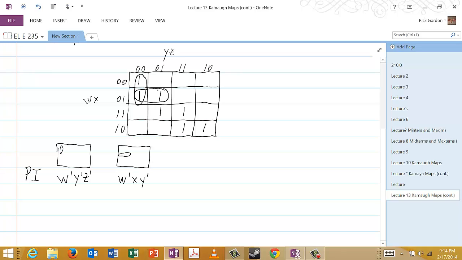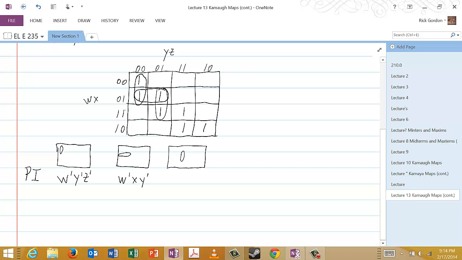And now we go to the next one, which would be this. And now we have to figure out the name for that. Notice that in these two cells, W is equal to 0 in the top cell and 1 in the second cell. So since W is changing, it does not appear in the name.